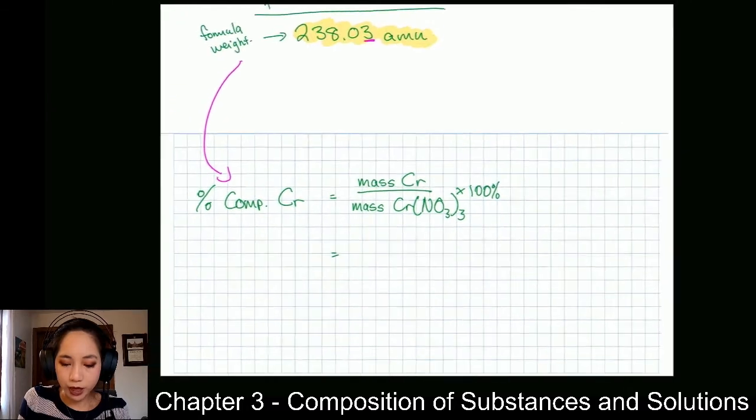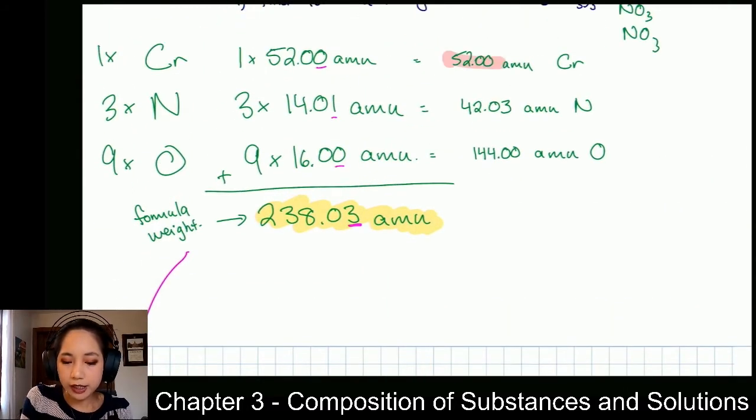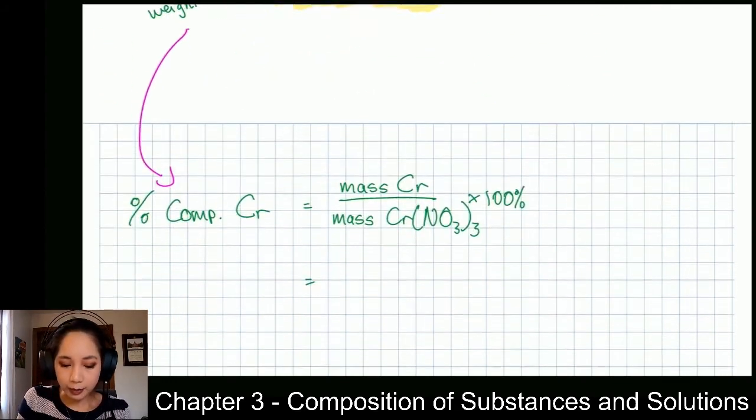So if we do that, let's look at the numbers that we just calculated up here. Note how I saved myself a little bit of time. All we will do to get the percent composition of chromium is do 52.00 divided by our formula weight times 100 to get that percentage.